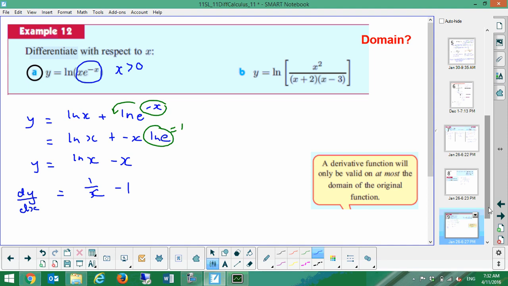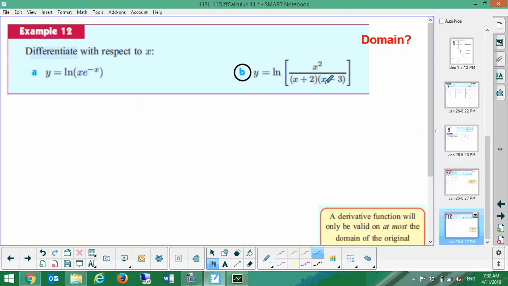This next one is a little bit more complicated. So here again we need to think domain. That's all got to be positive. If we're squaring a number, then that part will definitely be greater than 0, because any squared number is.